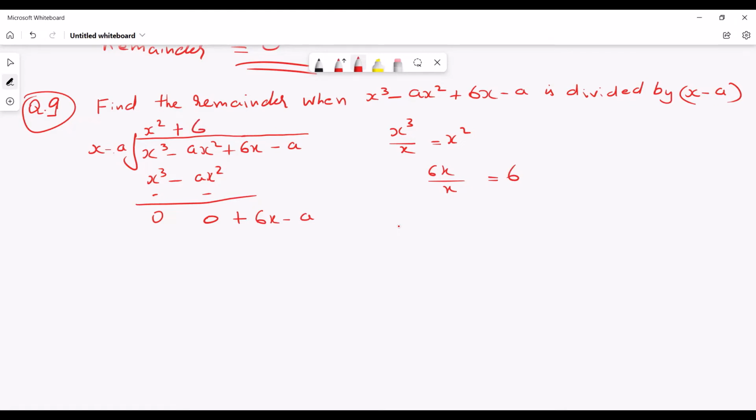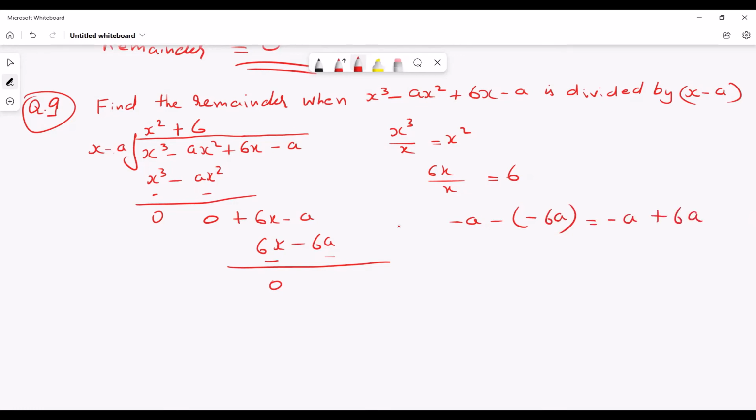Multiply 6 and x minus a. So this will become 6x minus 6a. Now 6x minus 6x is 0. Then minus a minus of minus 6a, that is minus a plus 6a.